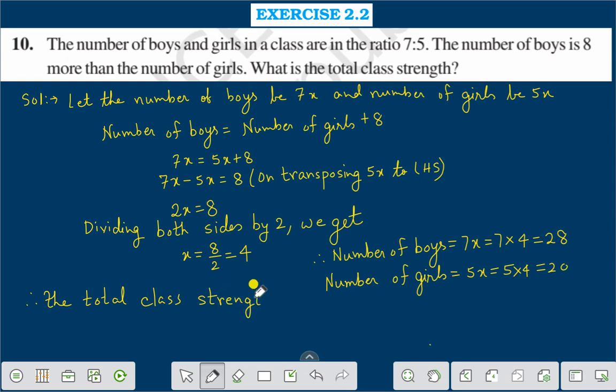Total class strength is equal to 28 plus 20, and that is equal to 48, and that was the answer. Hence the total class strength was 48.